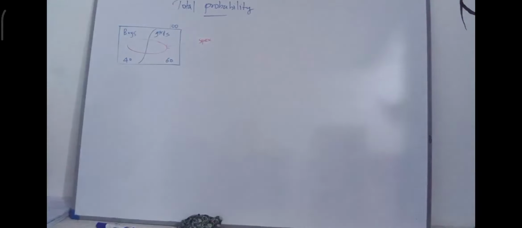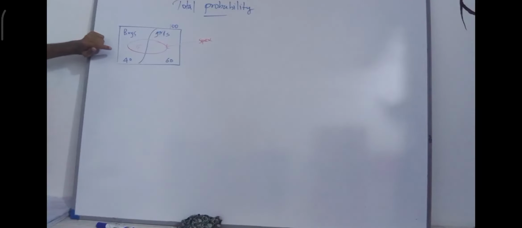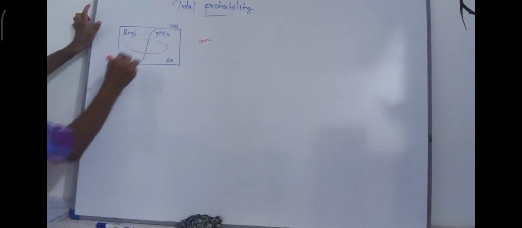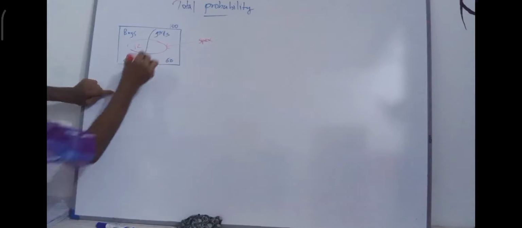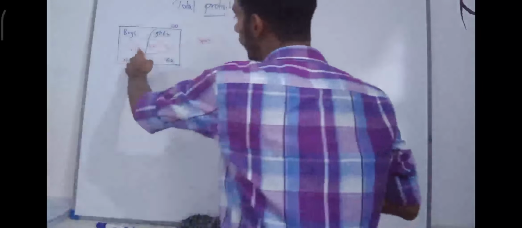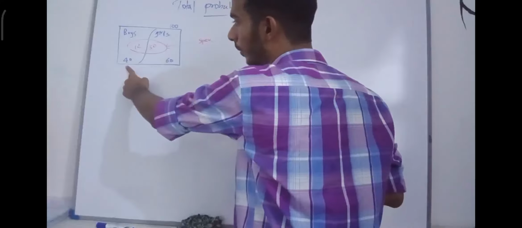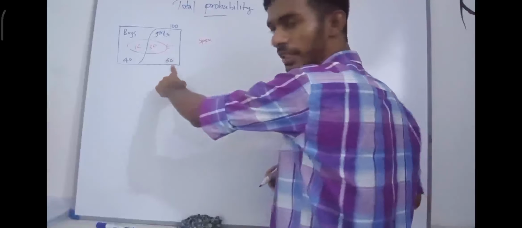Now let's assume 12 boys out of 40 boys wear spectacles, whereas 30 out of 60 girls wear spectacles. Most of the girls wear spectacles.